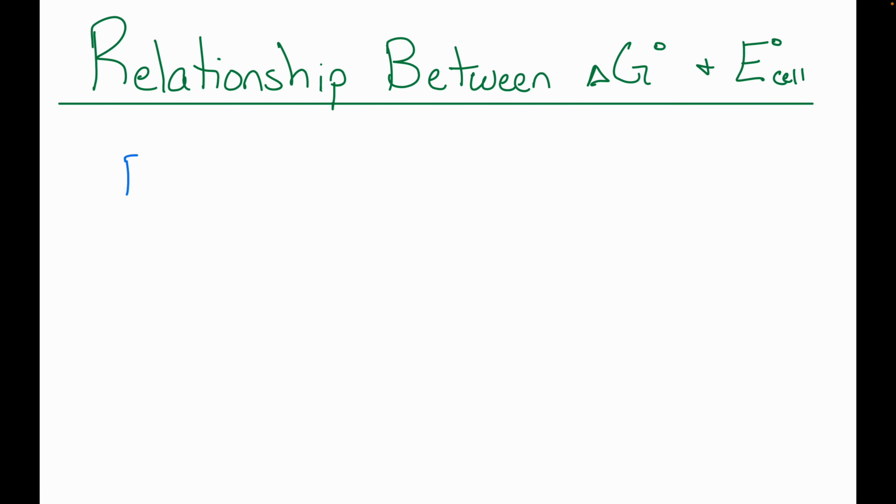All right, so what we're going to do is derive this relationship here. We want delta G naught to be equal to E naught cell, and then we're going to have to add some stuff over here as well to make sure they're equal to one another.